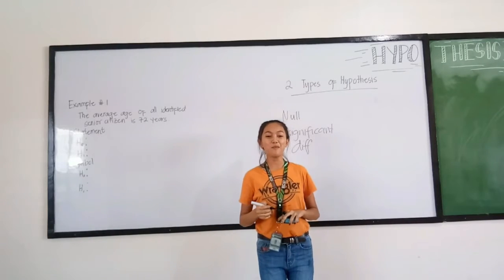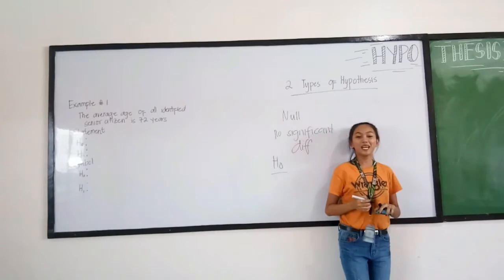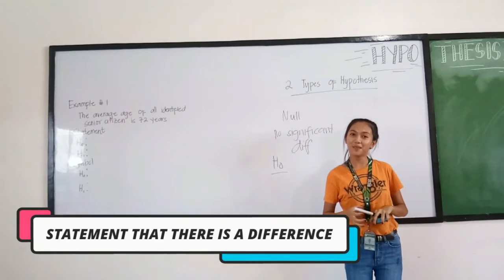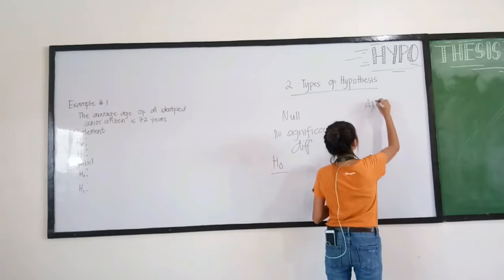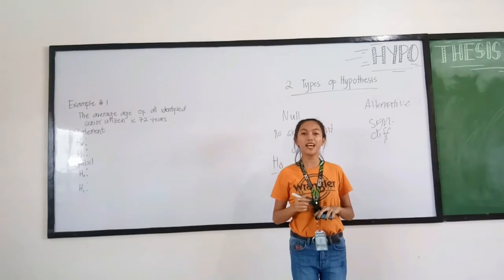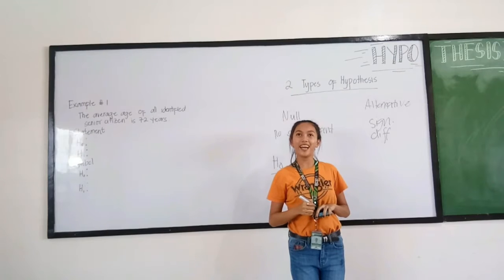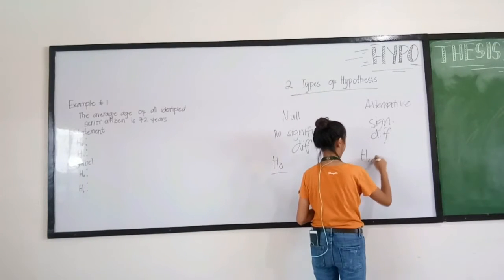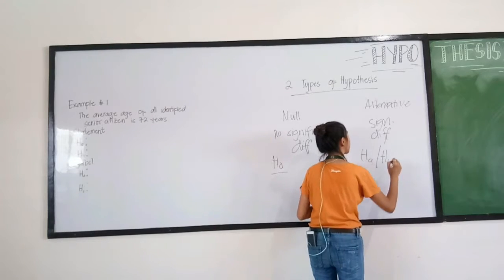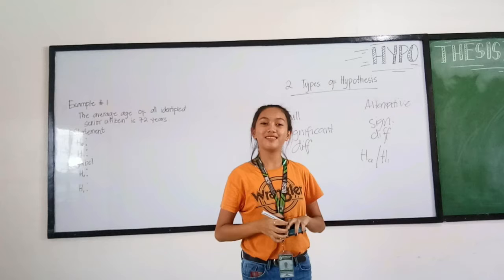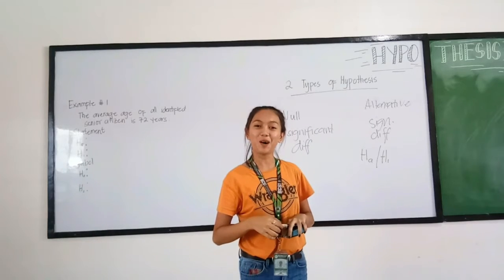The alternative hypothesis is a statement that there is a significant difference between the parameters, and it is denoted by H sub A or H sub 1. Okay, so those are the two types of hypothesis.